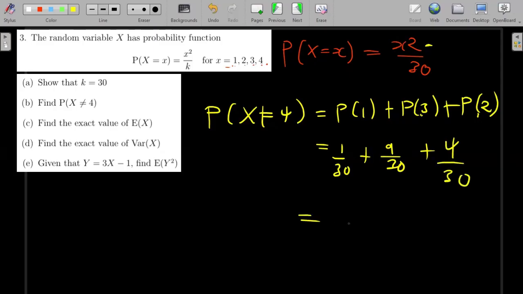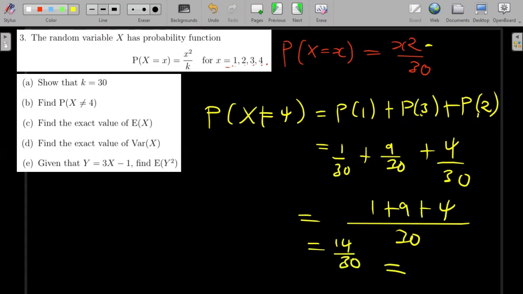And then you just add these, so it will be 30, 1 plus 9 plus 4. So this is 14 over 30, which will give us what in decimals? 14 over 30 is going to give me 0.4667. So this is the probability that x is not equal to 4.